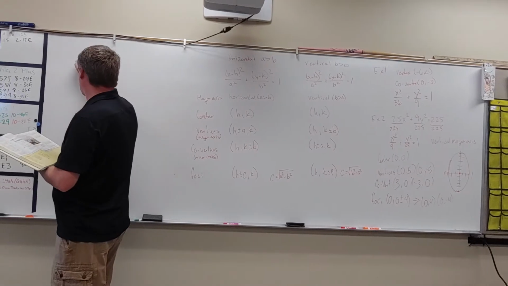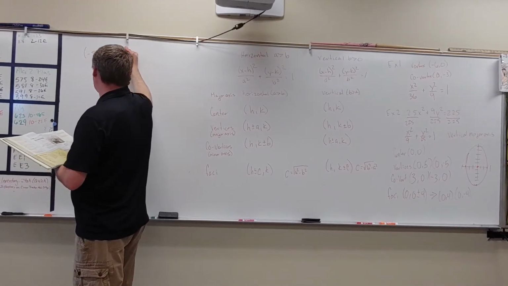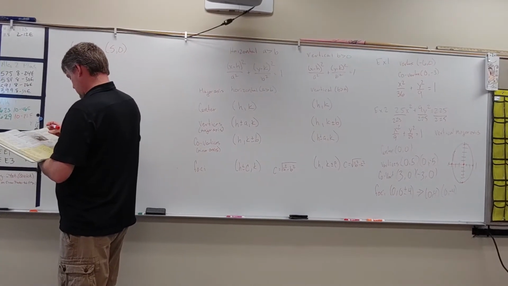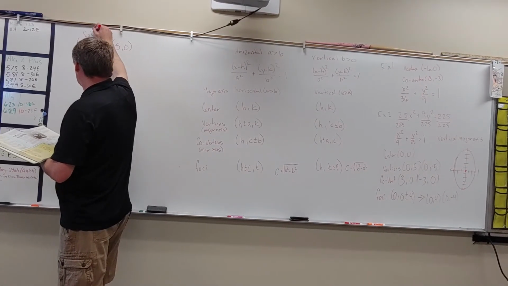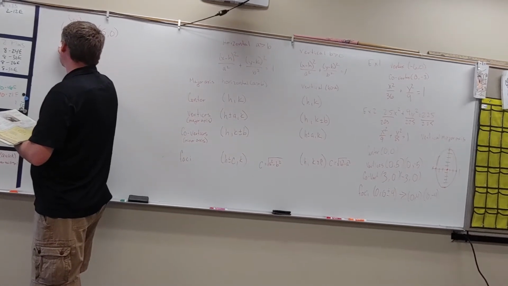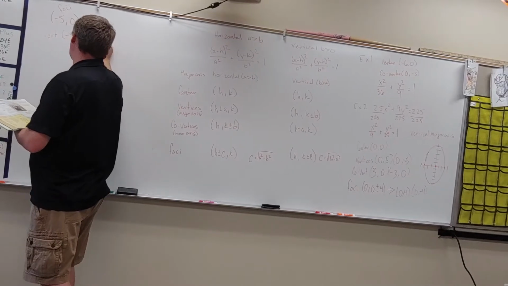Let's say I have -5, 0, and 5, 0 as my foci, and my vertices are -8, 0, and 8, 0.